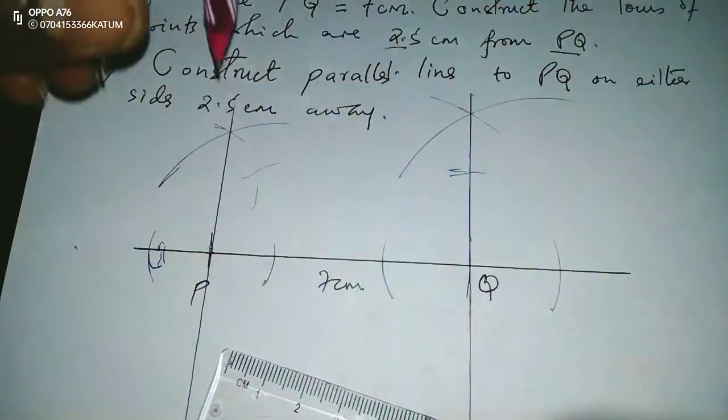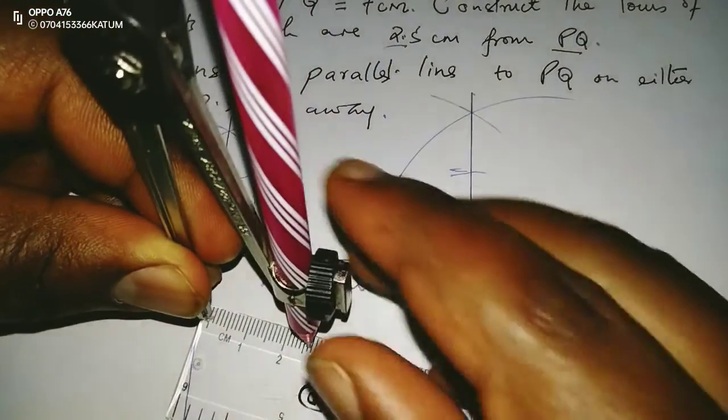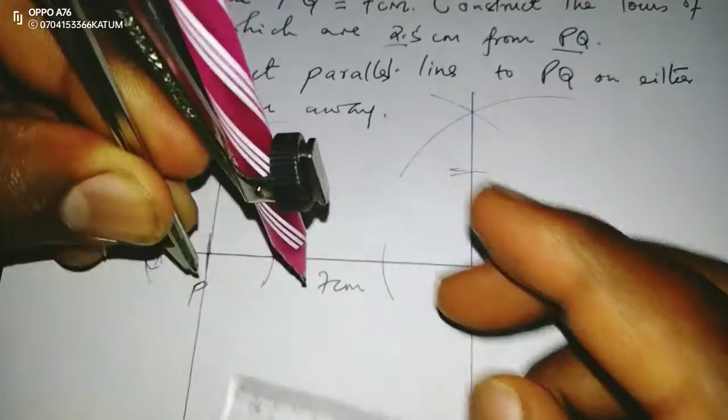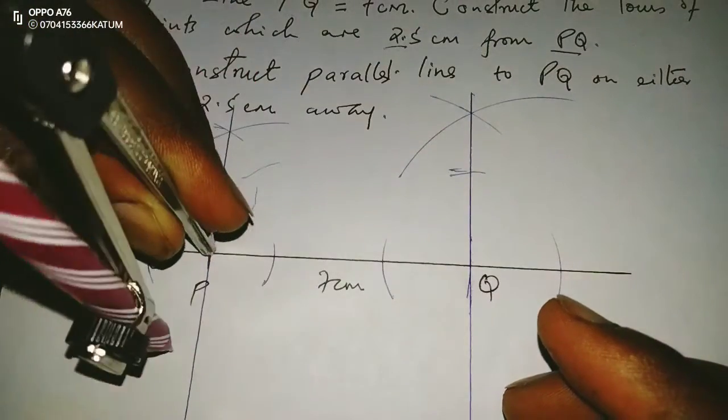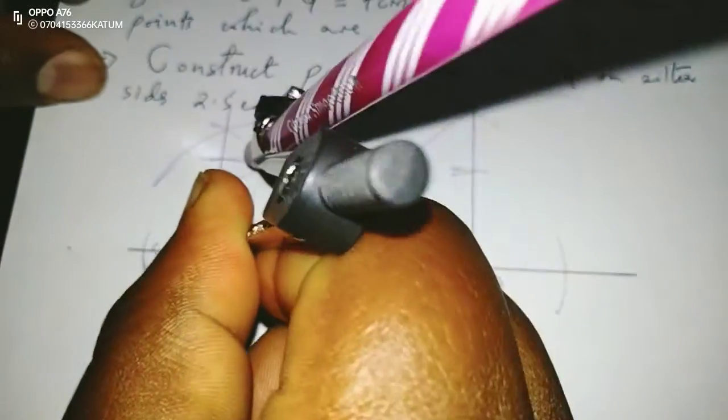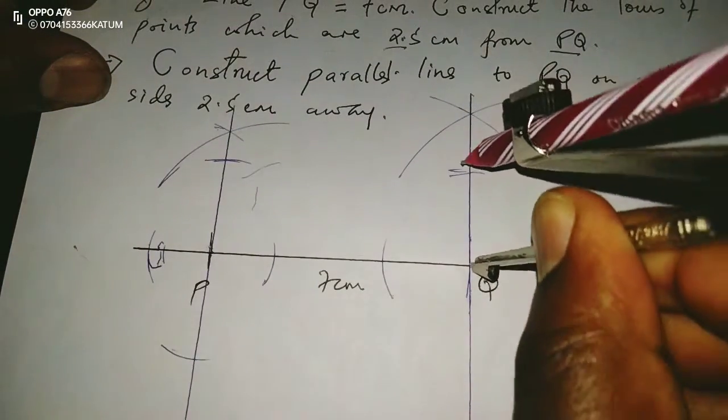Sorry, let me repeat that. 2.5 should be there. Yes, exactly there. So standing here, I make an arc, and on the upper side, I also make an arc. Then standing at Q, I do the same.